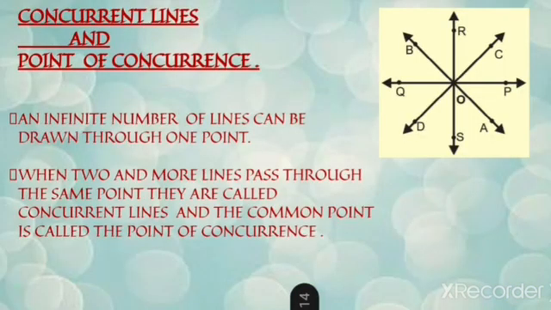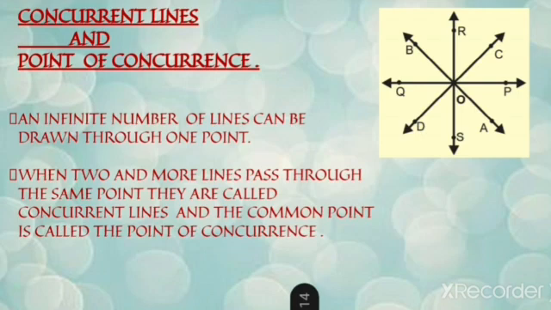Concurrent lines and point of concurrence. Look at the picture. You will see there are many lines. But can you see, children, that all these lines are intersecting? And yes, you all can see that they all are intersecting at a single point.